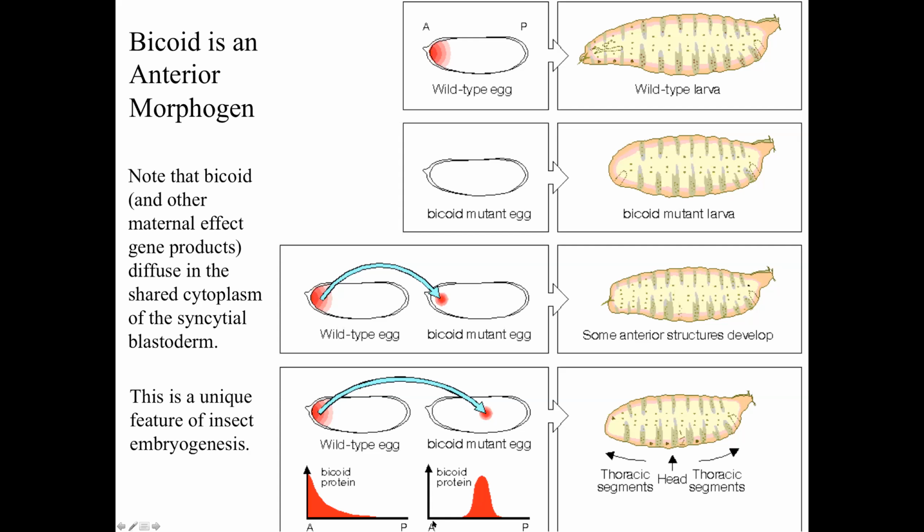The gradient is very sharp here as compared to what is seen in the wild type. So you have clear head and thoracic segments forming, and the embryo is missing some abdomens. But if you were to make the gradient as smooth as the wild type, you will start seeing other segments of the abdomen also develop.